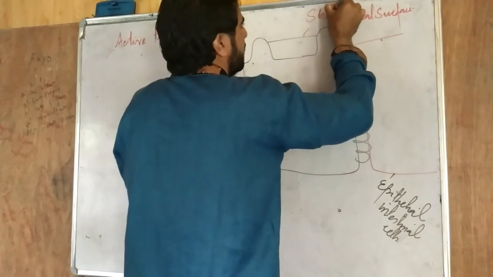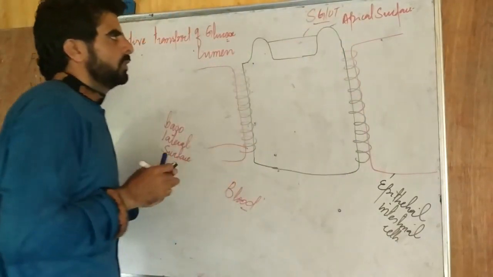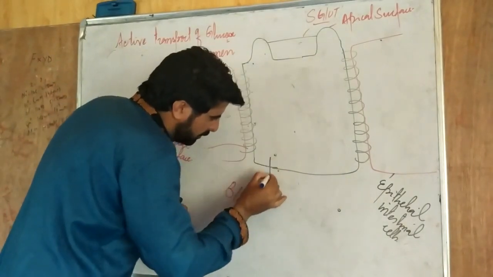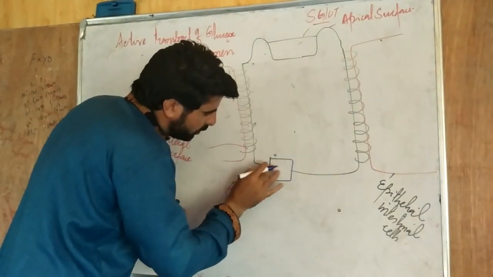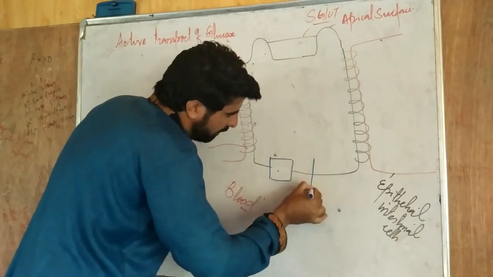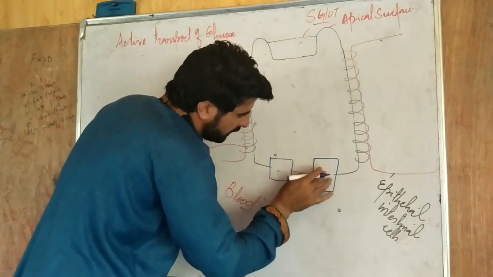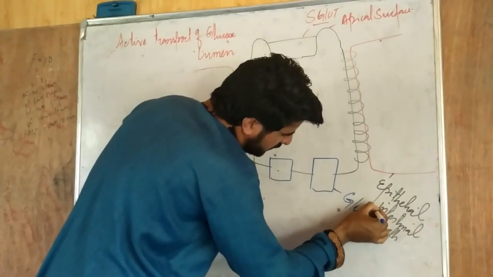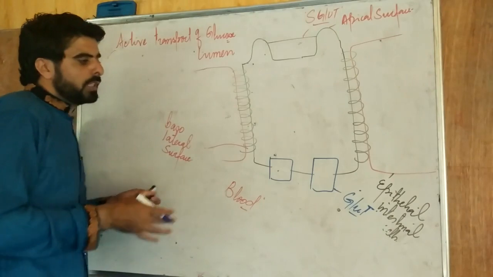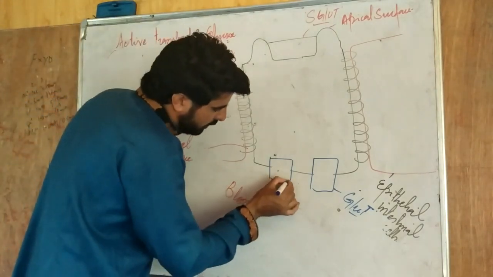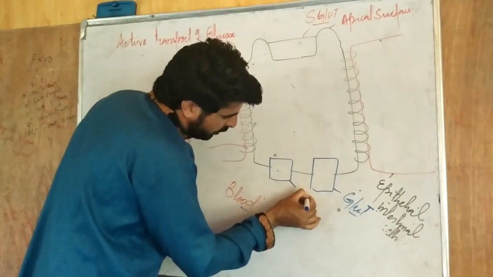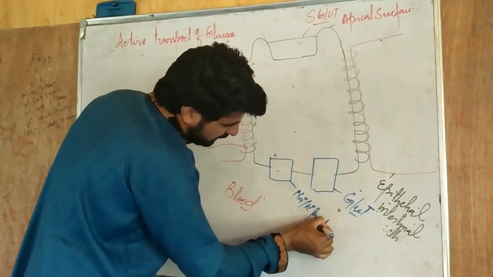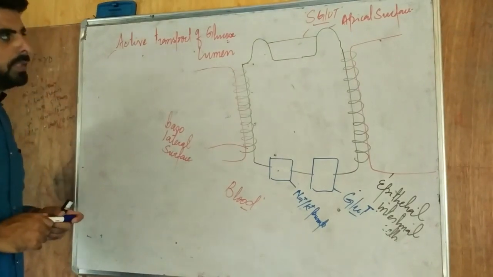That is a sodium ion dependent glucose transporter. And on its basal side we have the presence of the sodium potassium pump. So this is the sodium potassium pump, and we have the presence of GLUT, a transporter which is mainly responsible for facilitated diffusion. Here is the glucose transporter, and here is the location of the sodium potassium pump, which also acts as a sodium potassium ATPase.